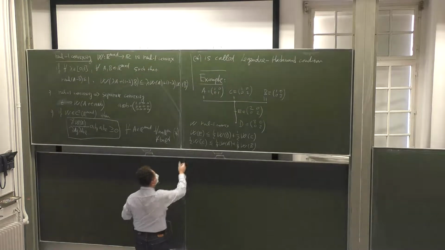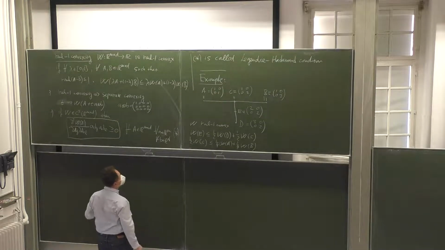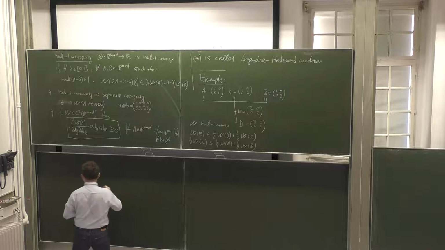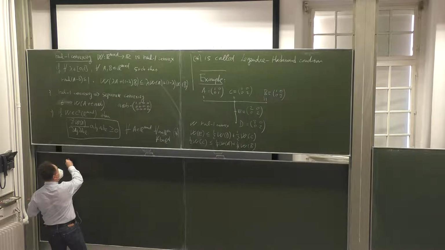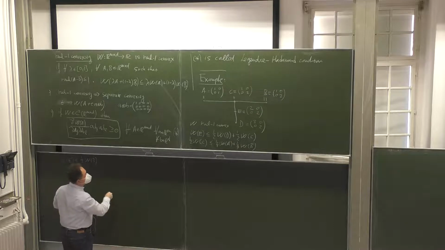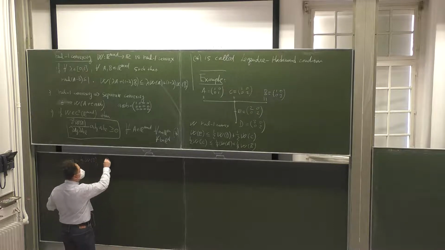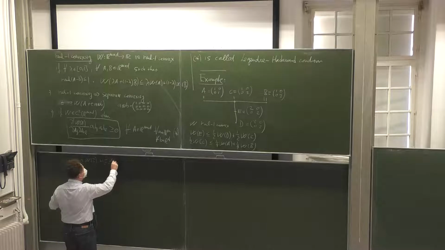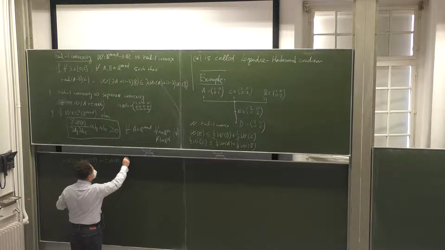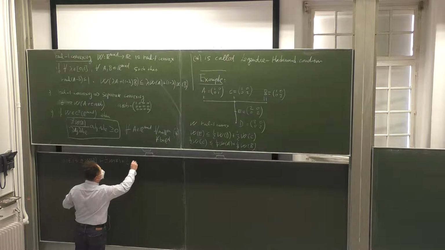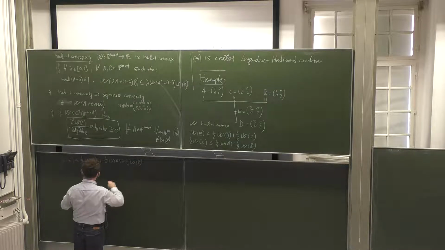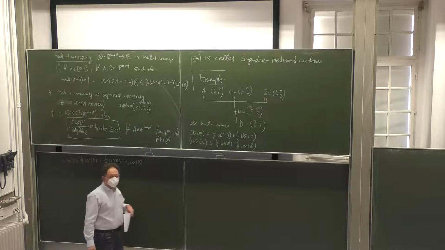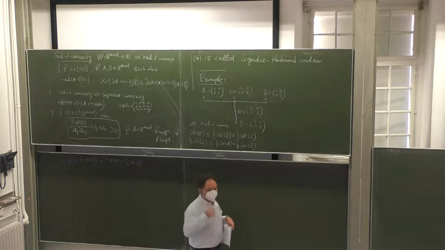So now if you plug everything together, then you get that W at E is smaller or equal than W, half of the W at D, plus 1/4 W of A plus 1/4 W of B, for every rank 1 convex function.